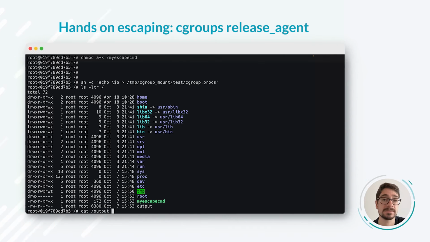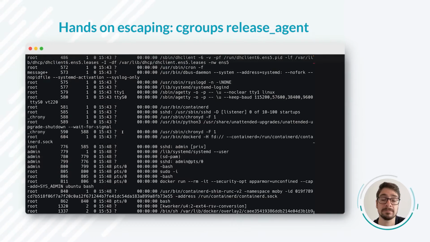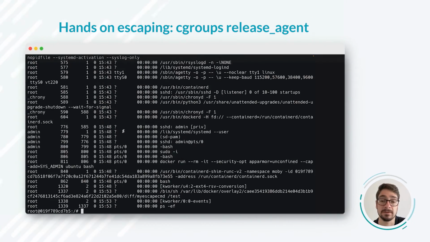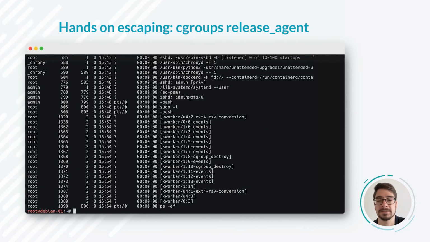We see that in our output file, we see all the processes, well, not inside the container, running on the base host. And if we exit the container and we look at the processes, we see that is exactly our output.